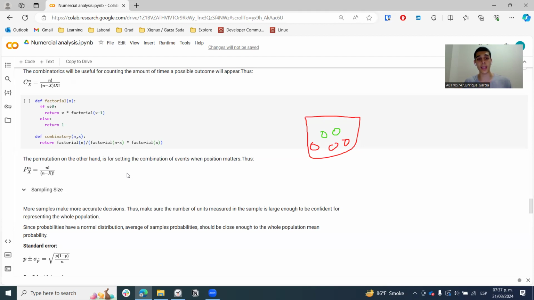That would be the case of a permutation. You see the difference between these: the combination is for when you want to understand the whole possibilities, while permutation describes when the whole possibilities depend on a specific order.